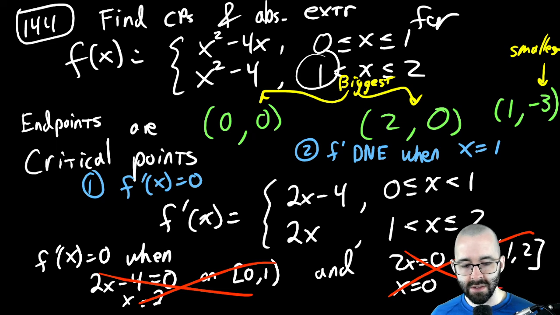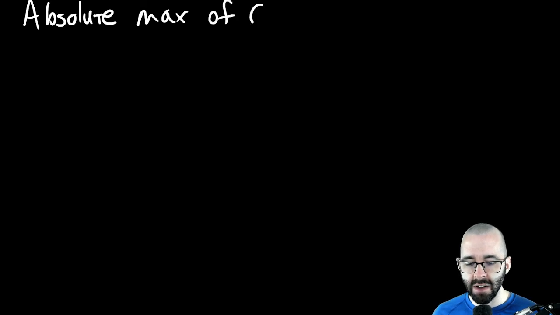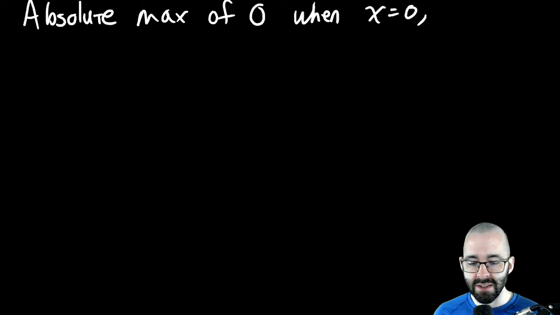Okay, so we have 2 absolute maximums. So we're going to say, well, technically there's only one absolute maximum, right? Remember our wording. Absolute max is the y value. But it'll occur in 2 different places, when x is 0 and when x is 2.